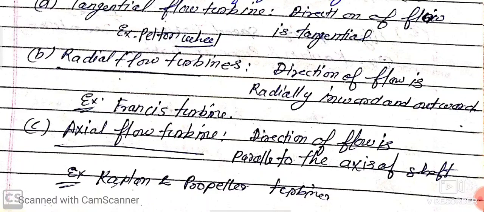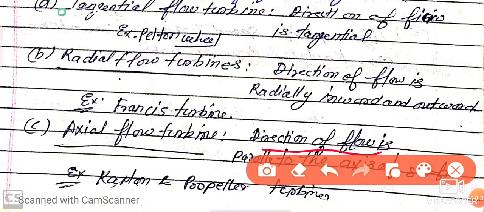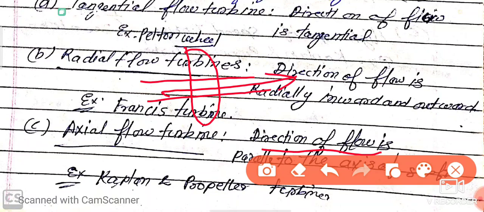In this type of turbine, the direction of flow is parallel to the axis of the shaft. Suppose this is the axis of shaft, then the flow is parallel to this axis. This is called an axial flow turbine.